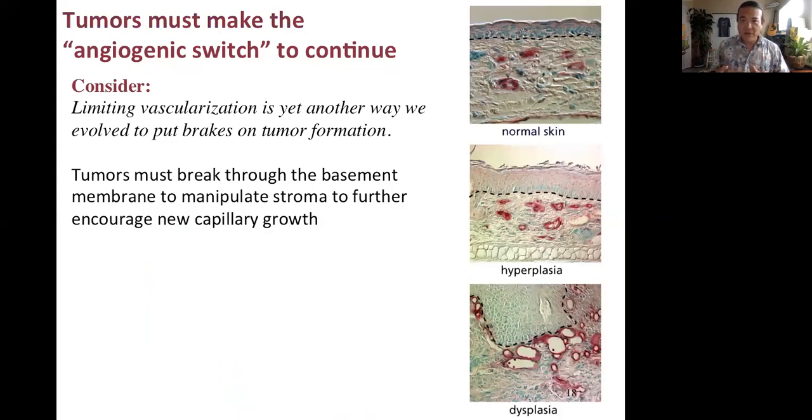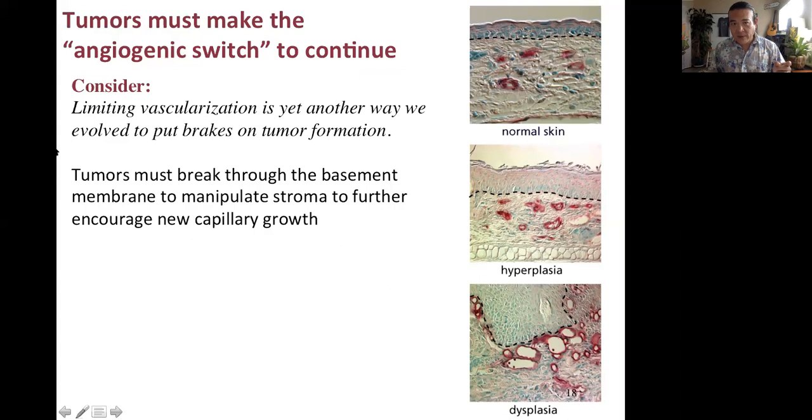And so it's very much a turning point where a tumor has gotten to a size where it's limited by its size. It really can't grow much further unless it then stumbles upon those mutations that allow it to do this angiogenic switch, which involves the breakdown of the basement membrane and, importantly, the sudden attraction or stimulus of capillaries to be able to penetrate and grow into the tumor.